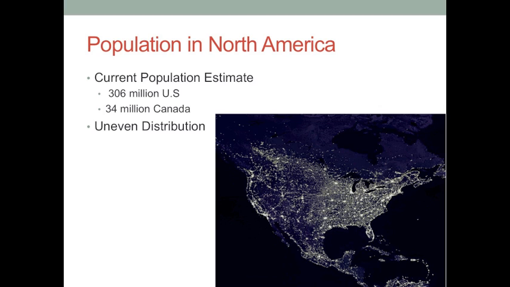Canada, very similarly, has the majority of its population in the east, but in addition, you'll notice that it is concentrated within a very short distance from the U.S.-Canadian border. It's often said that 90% of the Canadian population resides within 100 miles of the U.S.-Canadian border. Today, as you can see, approximately 306 million people live in the United States, and 34 million people in Canada.